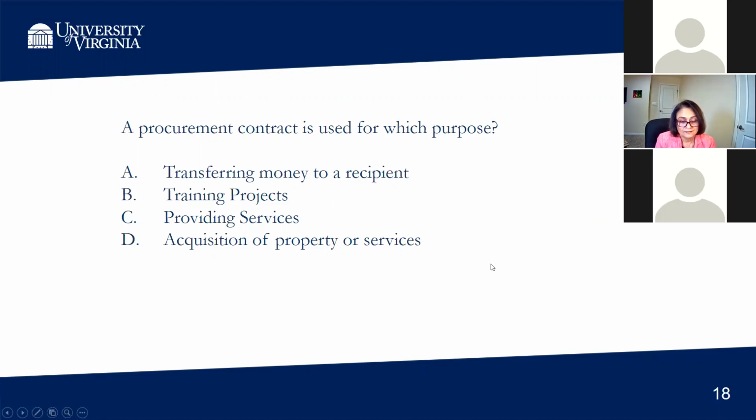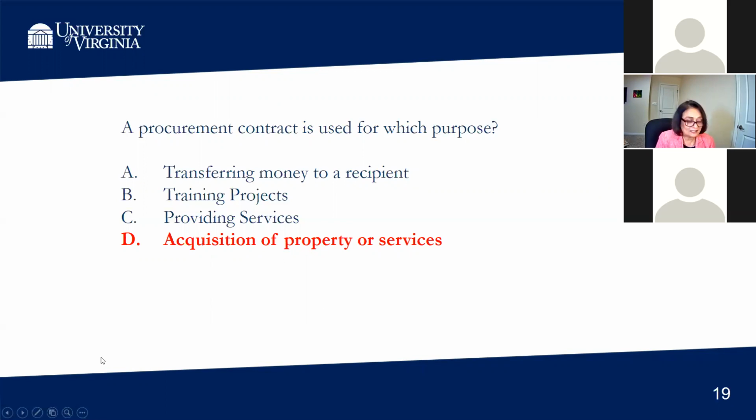B? No, it's actually, let's see. It's actually D. So what happens when a federal government issues us a contract? Generally, they're getting some property.